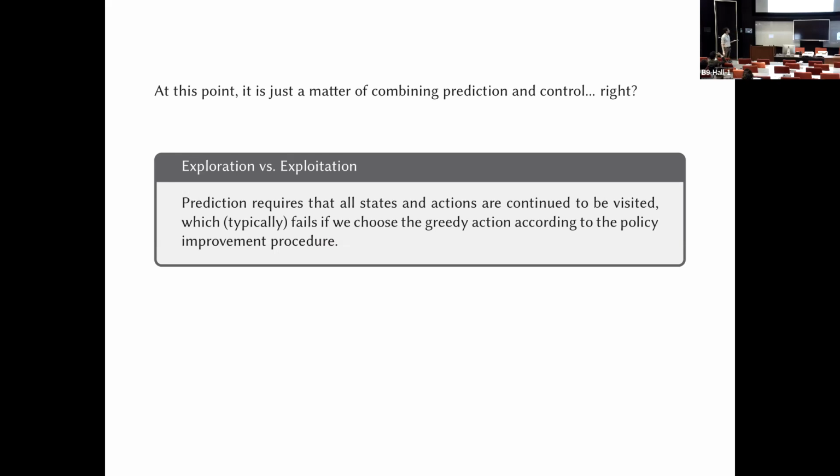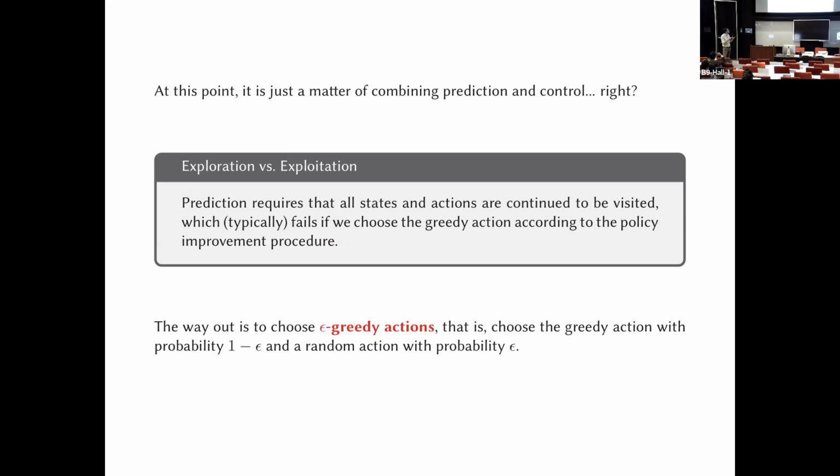So what do we have to do? We somehow have to ensure that we still keep exploring everything. And this is where the notion of epsilon greedy actions comes into play. So what you do is, with a small probability epsilon, you choose a random action. You don't optimize, you just choose something, with positive probability on the entire set of actions that you have available.